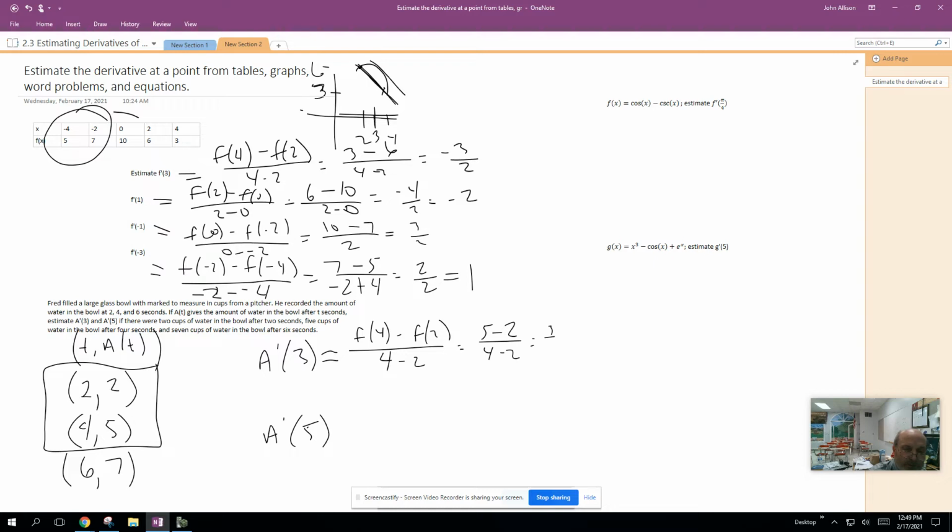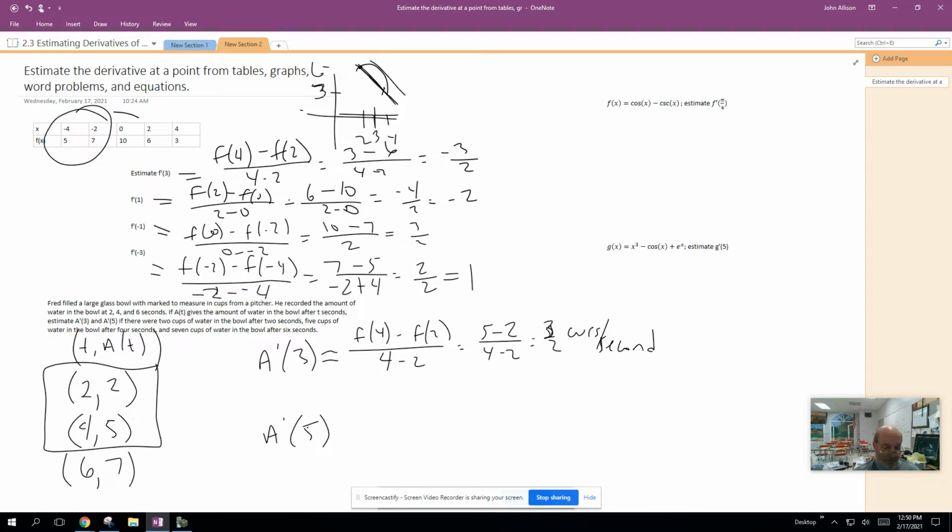So we get 3 over 2 as our estimate for A prime of 3. And since A is the amount of water in the bowl and t is the time in seconds, A prime is the rate of change in water with respect to time. So this would be 3/2 or 1.5 cups per second.